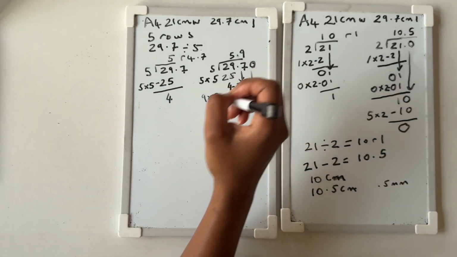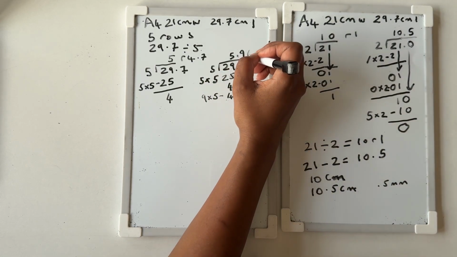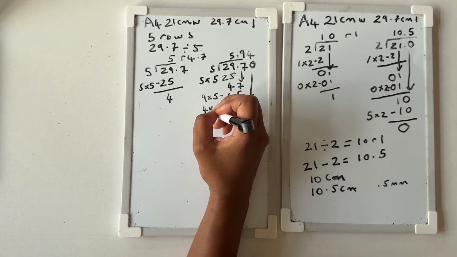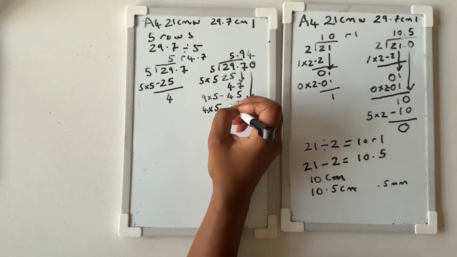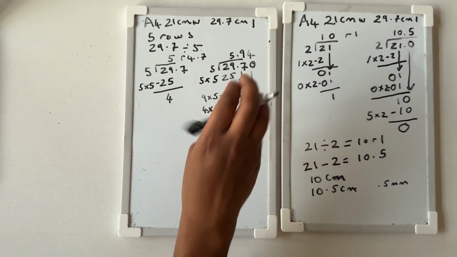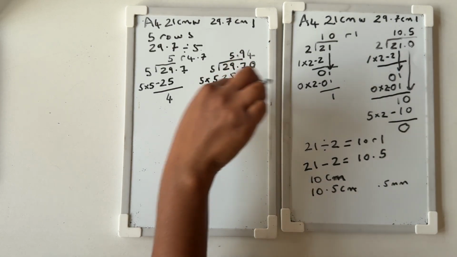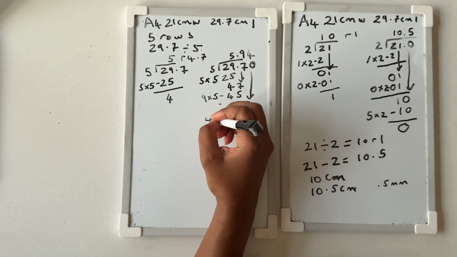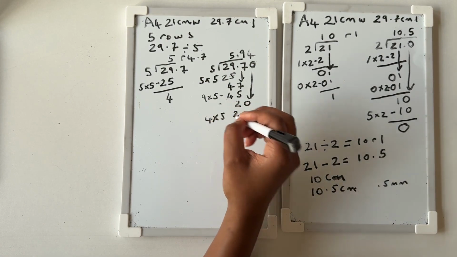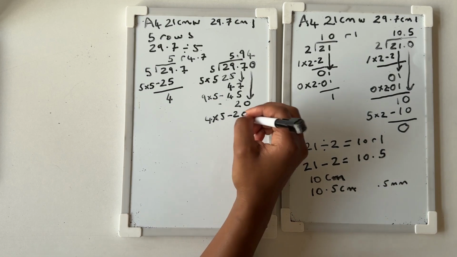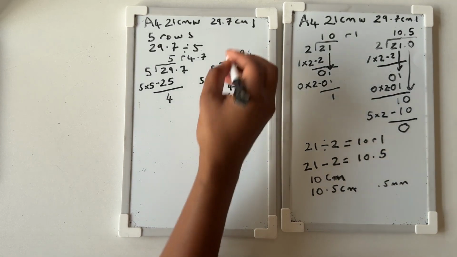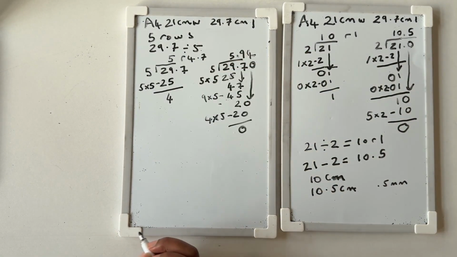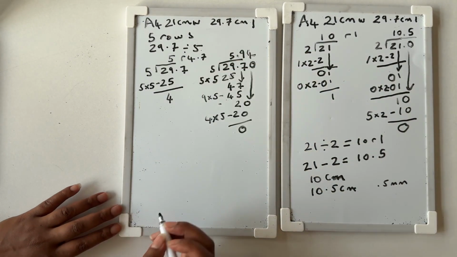Yes, it does. 4 times 5 is 20. I'm going to minus that away, and that leaves us 0. So the answer is, when we kept going, 5.94.